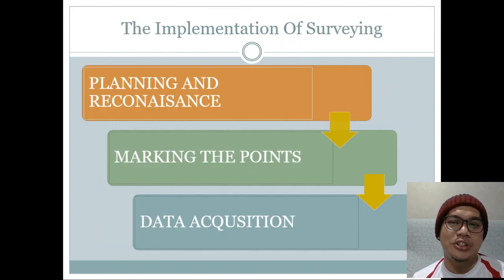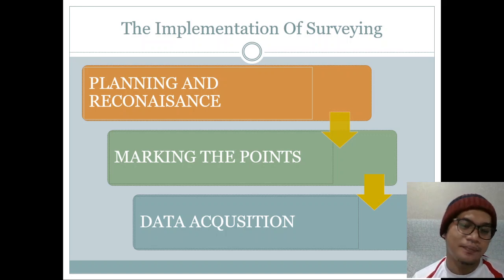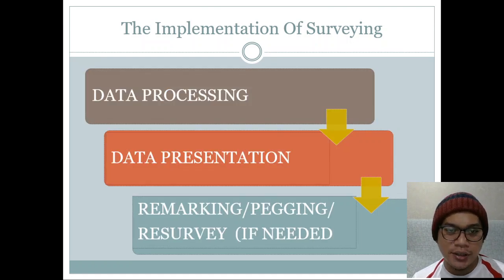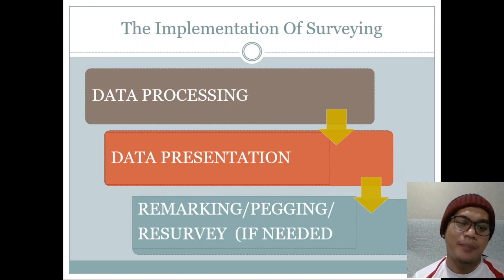So these are the implementations of the survey. The first will be to plan and to do some recce, to mark the points and to do data acquisition. Of course, after that, to do the data processing, to present the data in terms of maps, and to do the remarking or resurvey if needed.